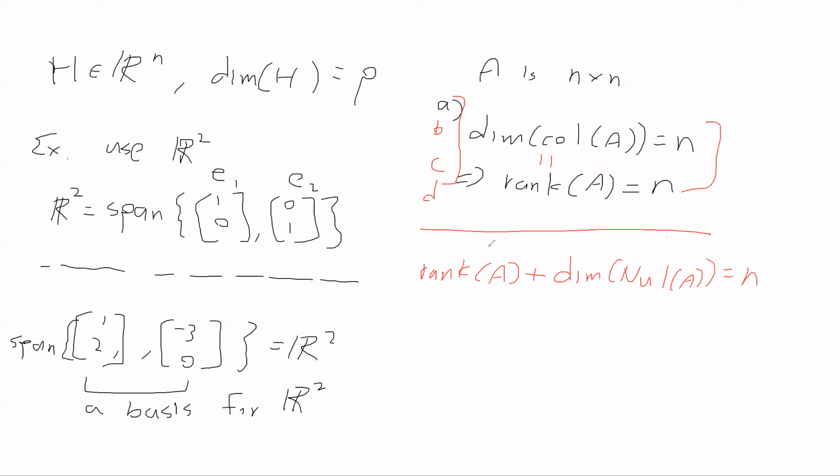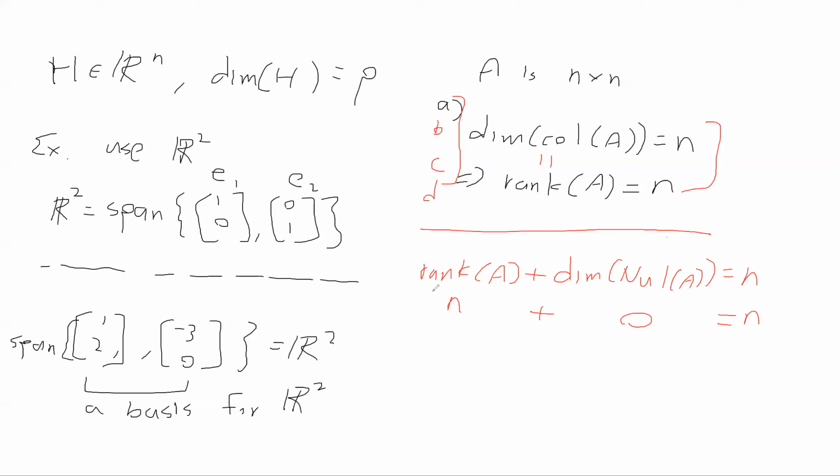All right, now we know it's invertible if rank of A is n. Now, if rank of A takes up all the n, the only thing we have left for the dimension of null space is 0. Right? n plus 0 gives you n, because we have taken up all the columns for rank of A, the n columns. So that leaves us no columns for the null space.